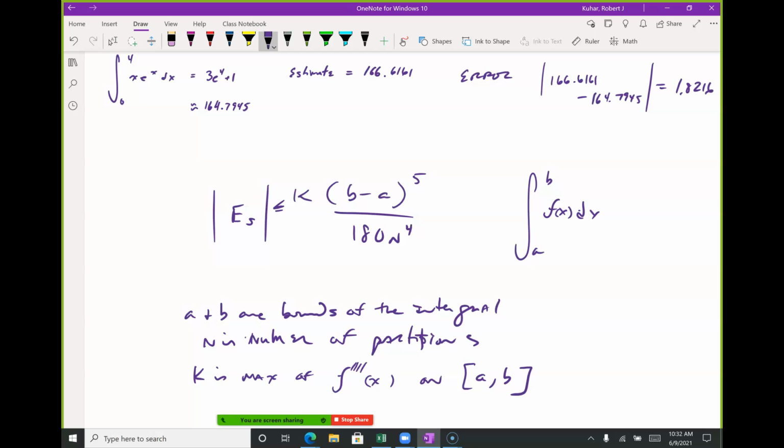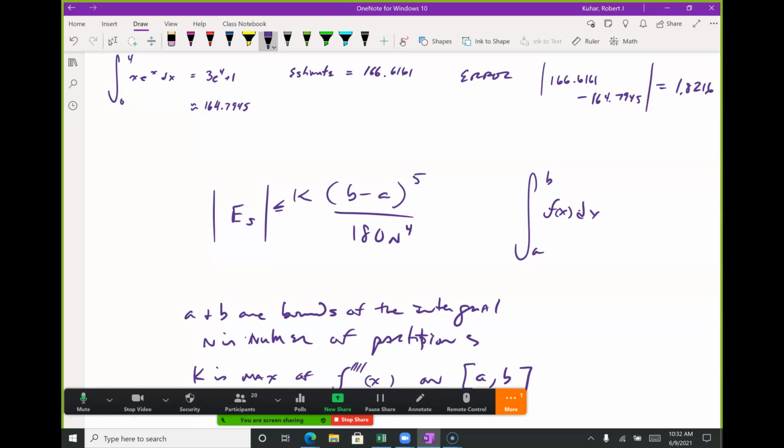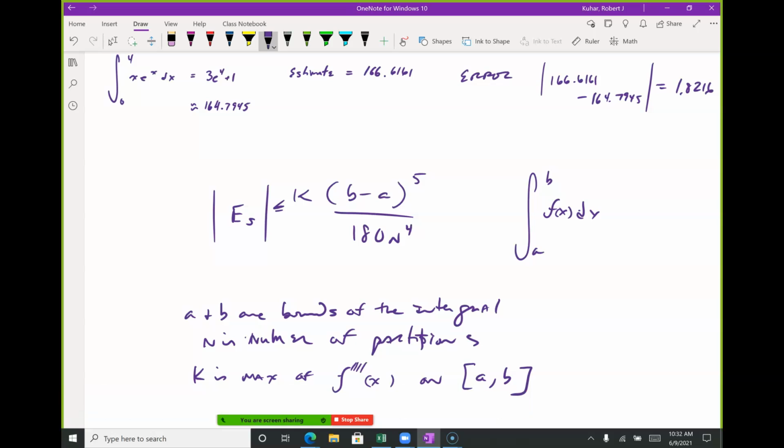So if I get 1, I can use 1. But if I get 0.9, I want to use 1. Does that make sense? If I get 1.2, I want to use 2, right? So I want to get to the next integer above the max of the fourth derivative.